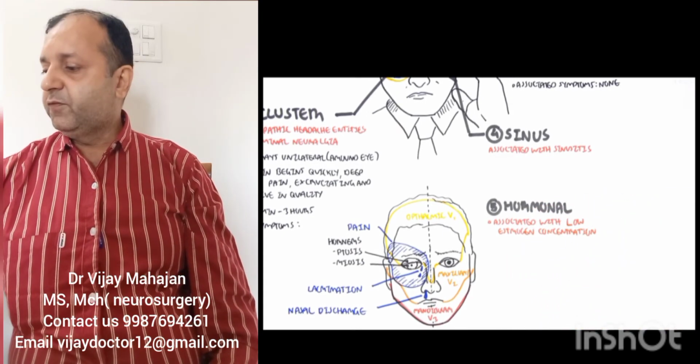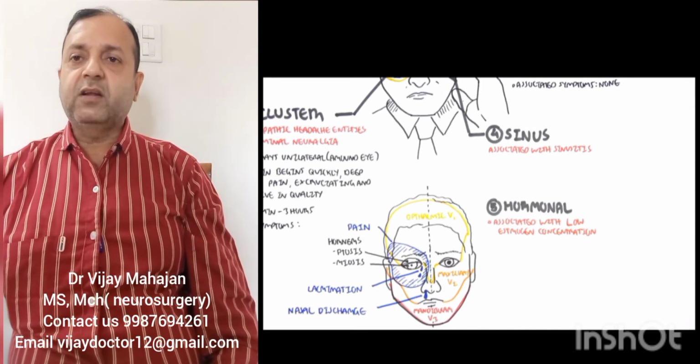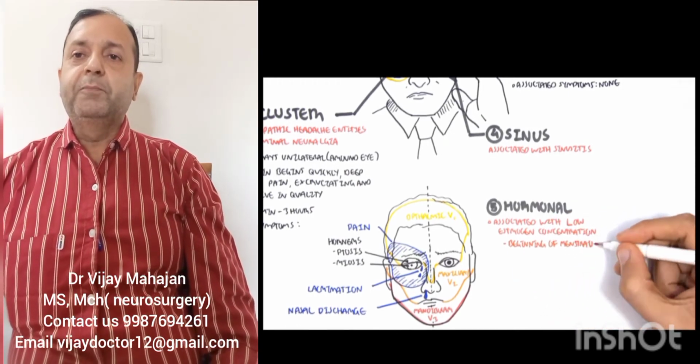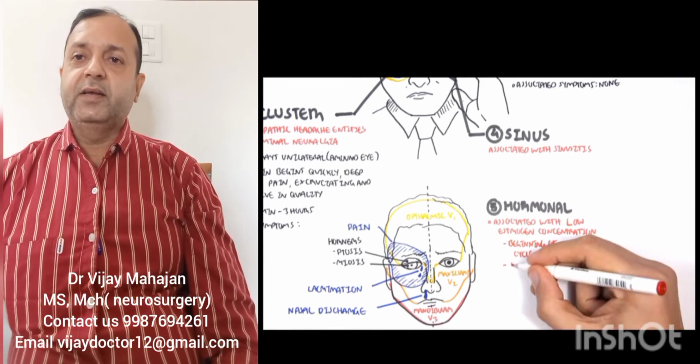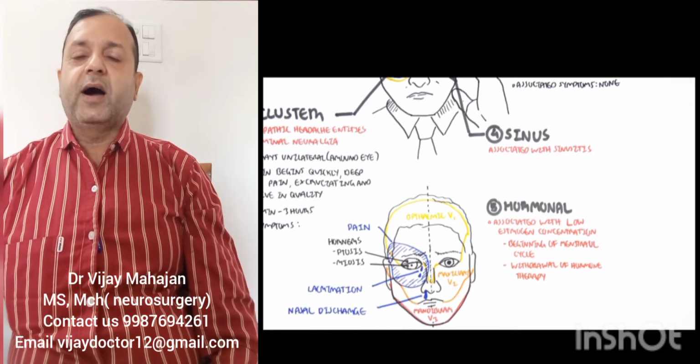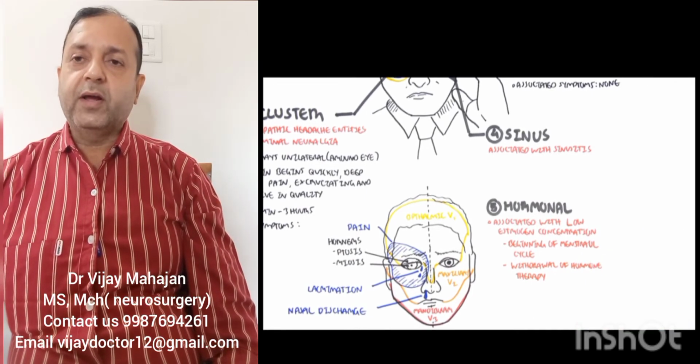Then comes the onset, sudden onset. This is seen in patients with temporal arthritis and common carotid artery thrombosis or aneurysm or dissections.